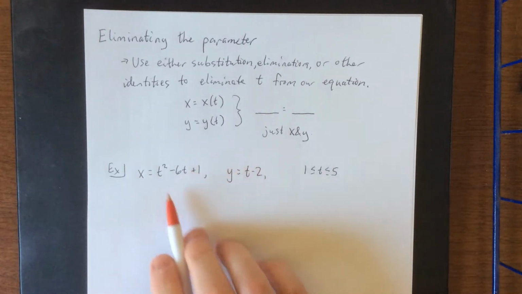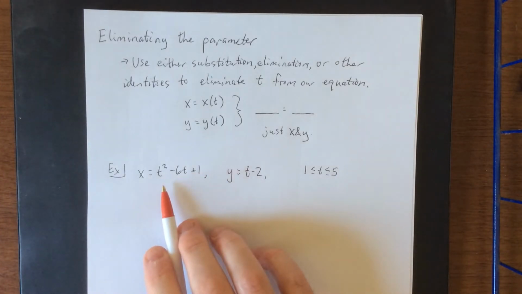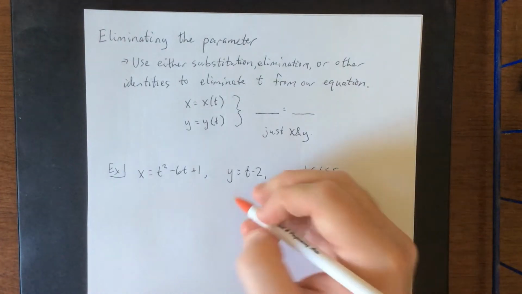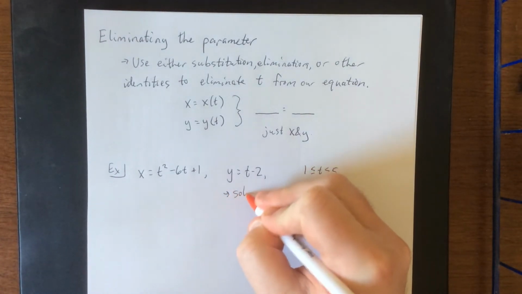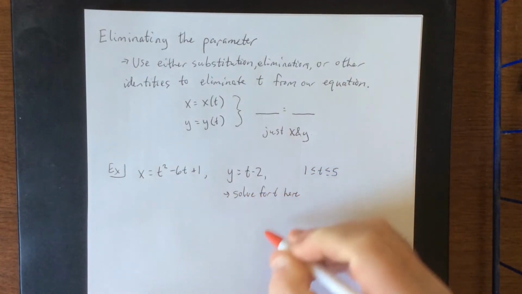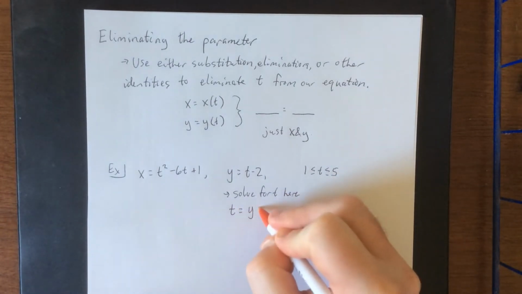Based on what I'm seeing here, I don't really feel like solving this for t because that would involve completing the square, and I'm just not feeling it today. This one though, oh, this looks great as far as solving for t. So what I'm going to do is solve for t here. I can do so relatively easily by adding 2 to both sides.